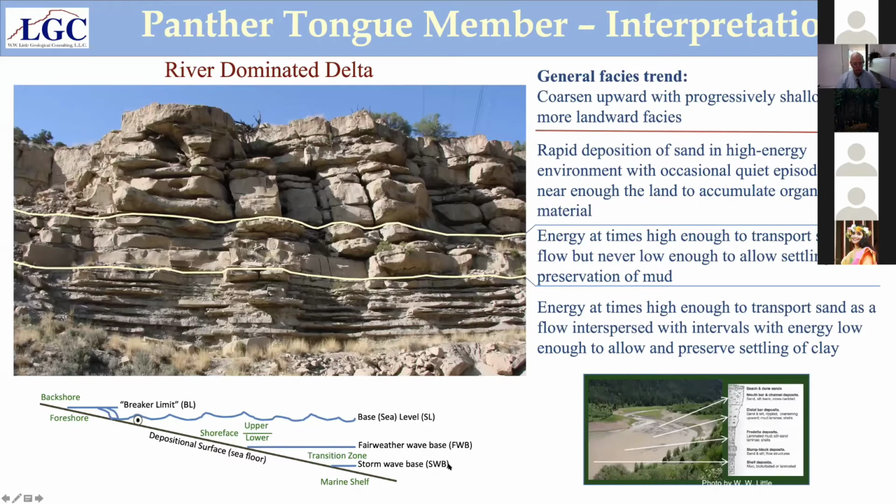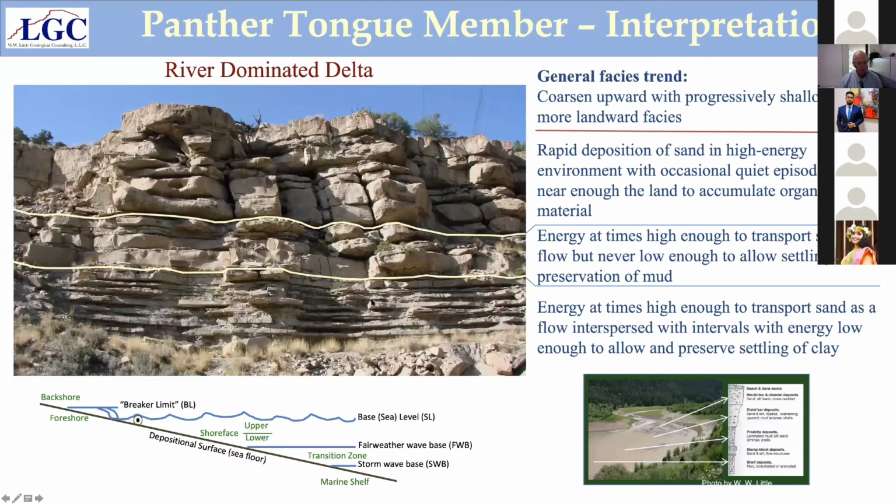Another important energy elevation is storm wave base, where if there is a larger storm, then that wave energy is expended down to a greater depth. But that's only periodically. And it's in this area where we get the quiet episodes during fair weather of mud being deposited, and then a storm sand, and then mud, and then a storm sand.